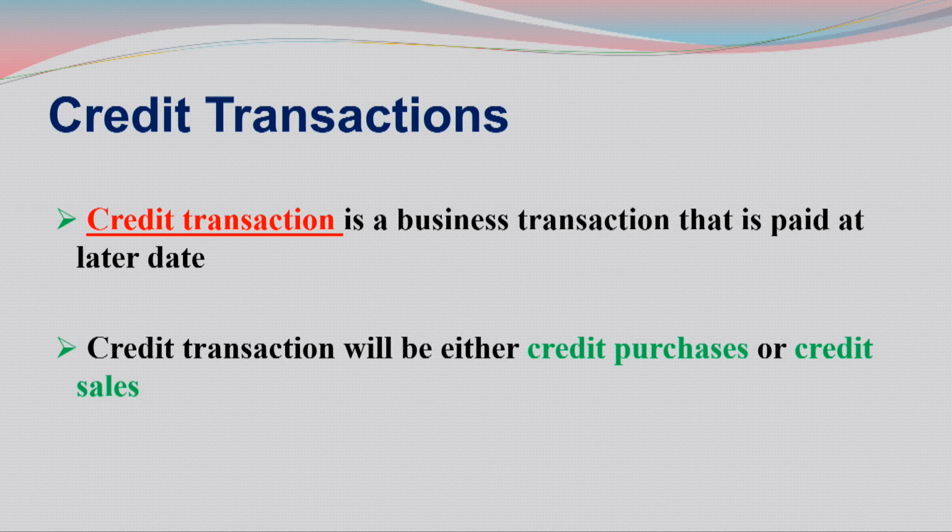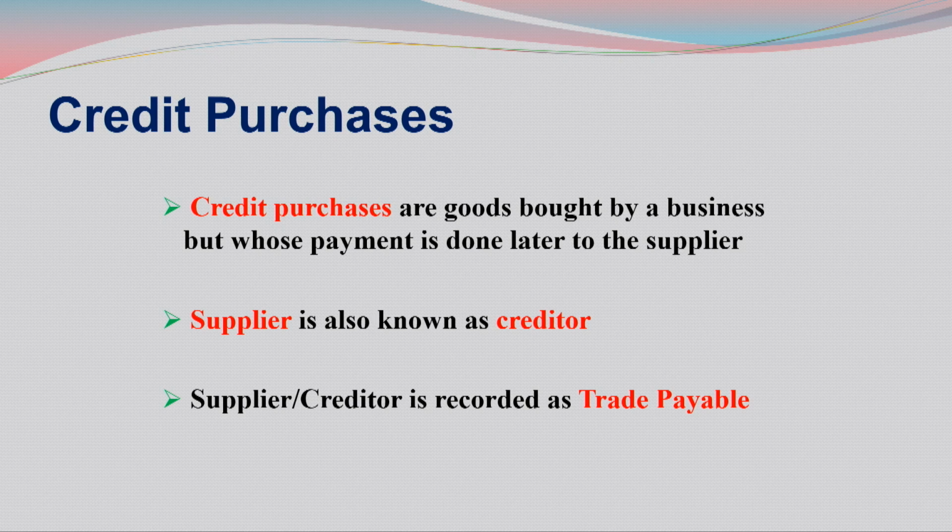What are credit transactions? A credit transaction is a business transaction that is paid at a later date. Credit transaction will be either credit purchases or credit sales. Credit purchases are goods bought by a business but whose payment is done later to the supplier.